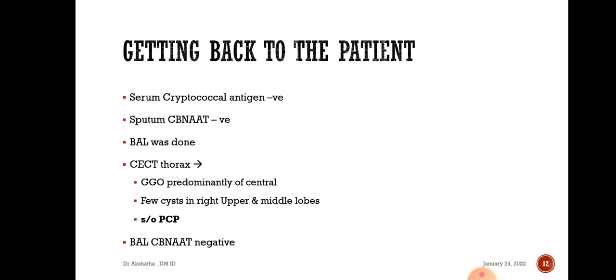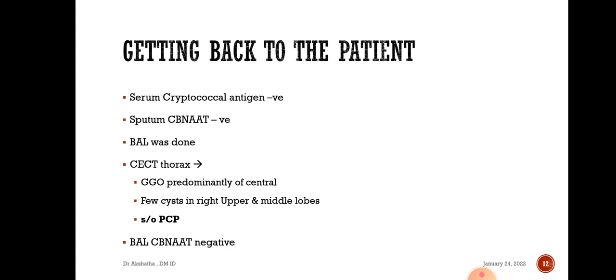So your serum will be positive, then it disseminates to the brain causing cryptococcal meningitis. So if serum cryptococcal antigen is negative, it is almost unlikely to be causing your pneumonia or disseminated infection. Again, it is better that you do respiratory sample cryptococcal antigen testing to confirm this.